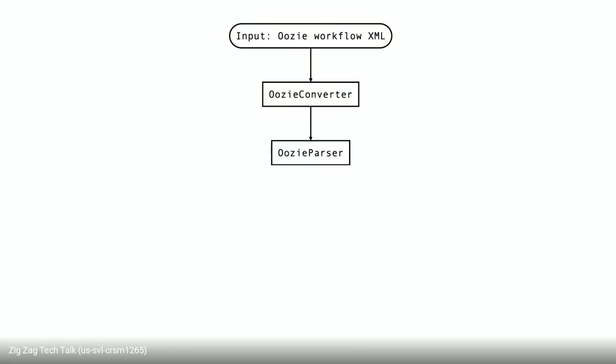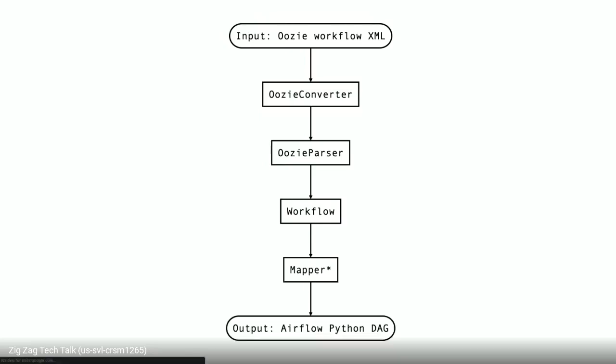And it asks the parser to parse the file, and it builds an internal representation in the form of a workflow entity. And then, for each action in the workflow, there is a separate mapper which has the logic necessary to interpret each action, and it fills in the workflow with the appropriate data. And when the whole in-memory representation is ready, we feed it to a set of Jinja templates, which create the resulting Python DAG.